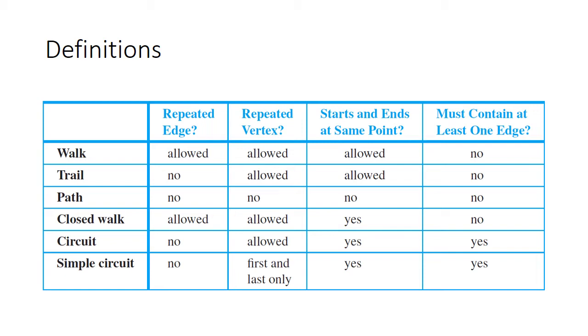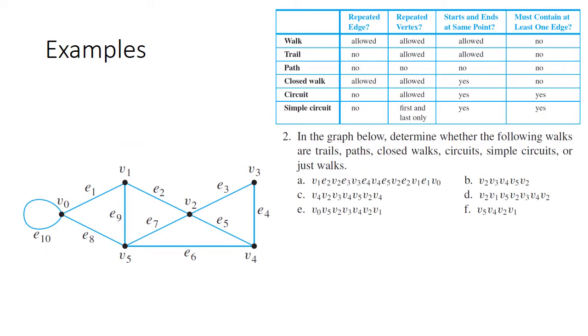Okay, so let's try this here as an example, number 2. In the graph below, determine whether the following walks are trails, paths, closed walks, circuits, simple circuits, or just walks. Okay, so let's look at part A. I'm starting at V1, and then I'm going along E2 to V2, and then along E3 to V3, and then along E4 to V4, and then along E5.